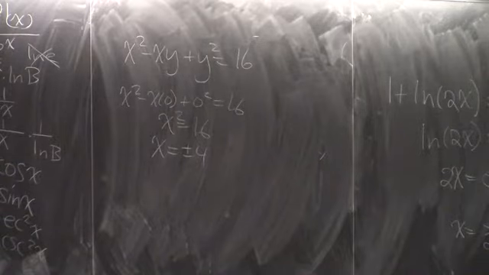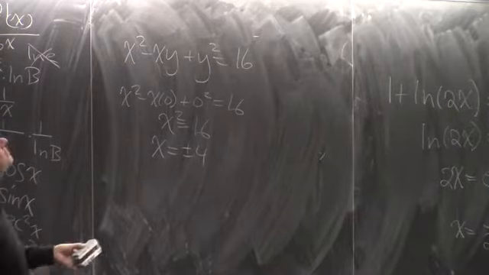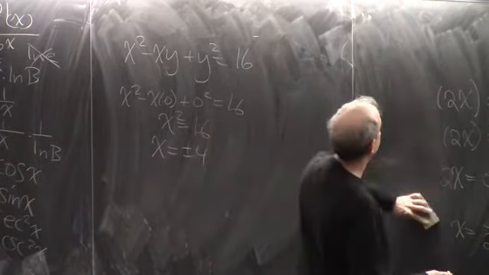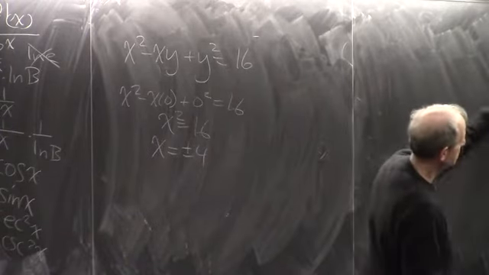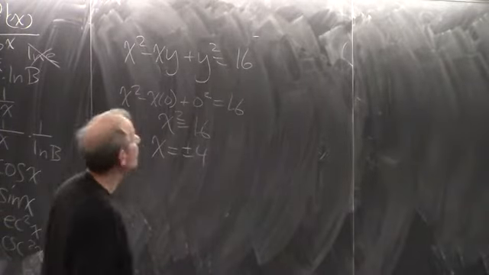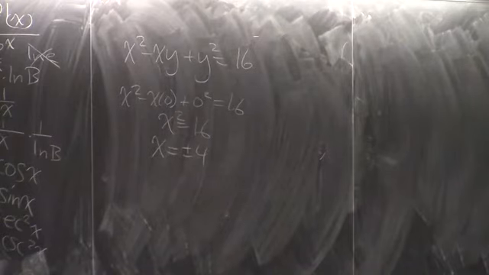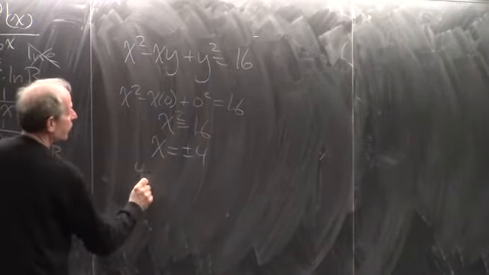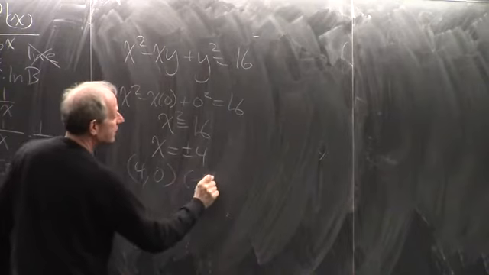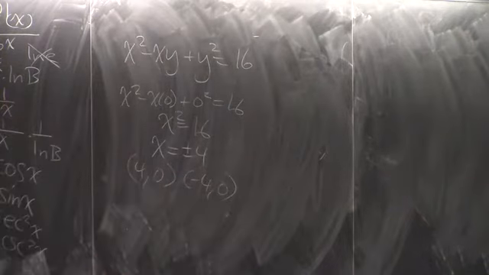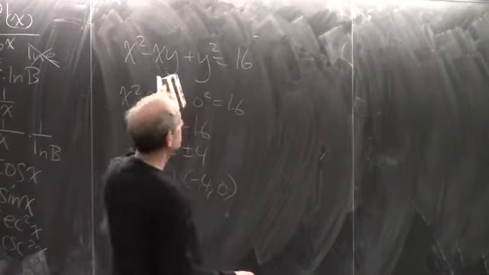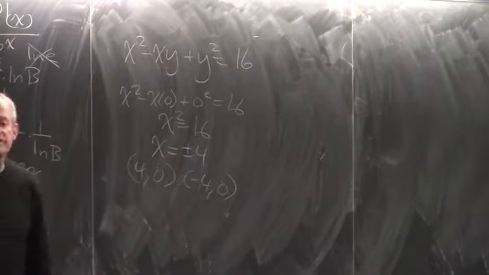Puzzled? Good. All right. Find the slope of the tangent line at each of those points. So remember, these are the points (4, 0) and (negative 4, 0). So now we have to do everybody's favorite, implicit differentiation. What's the derivative of x squared?